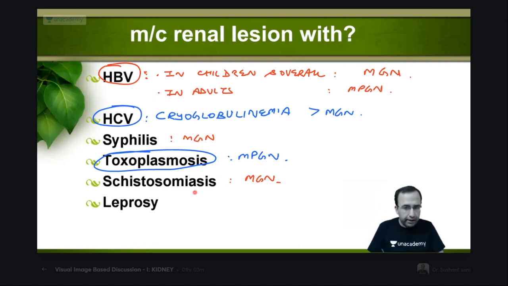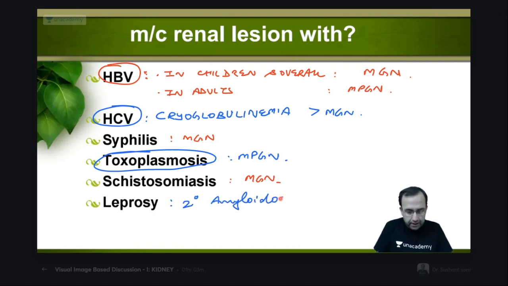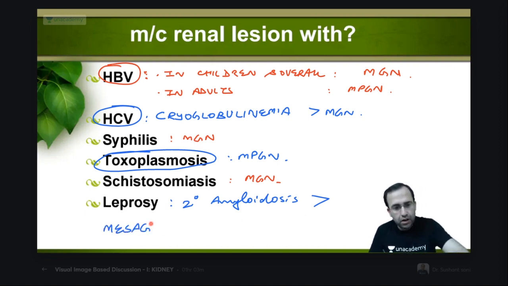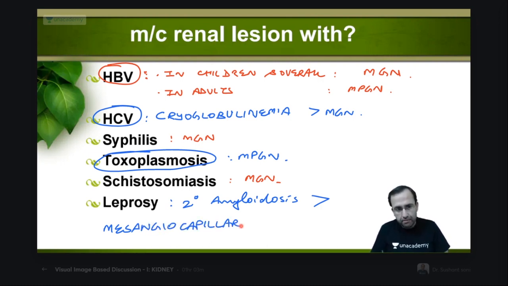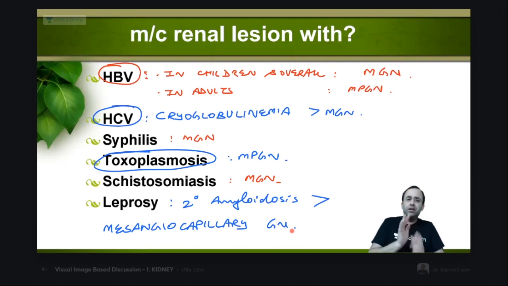Last is leprosy, which is associated with secondary amyloidosis, followed by mesangiocapillary glomerulonephritis. Mesangiocapillary glomerulonephritis is MPGN. These are the renal lesions with these diseases.